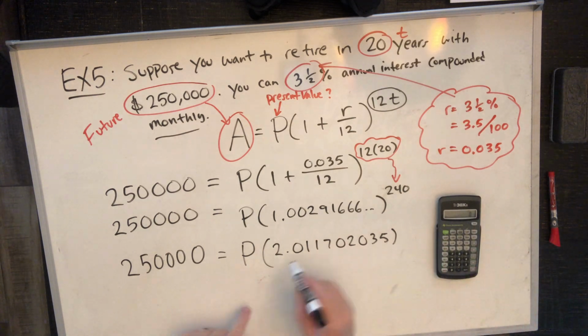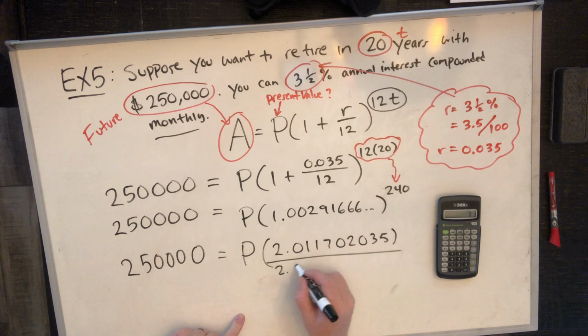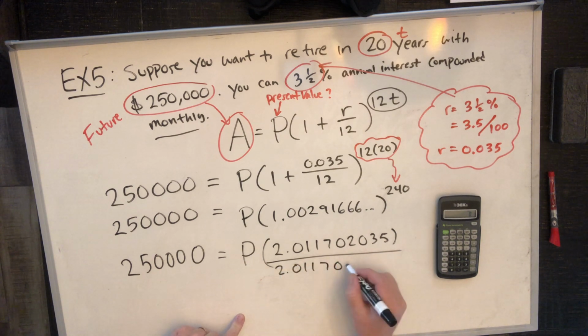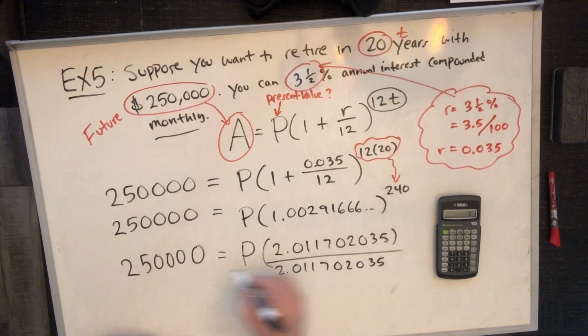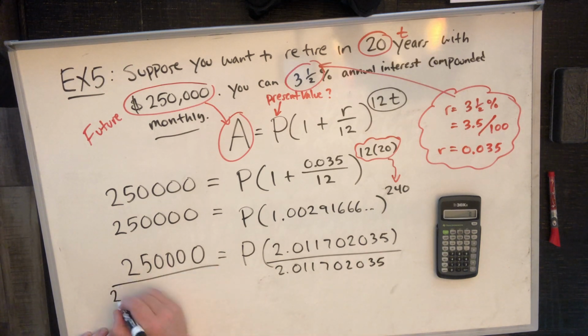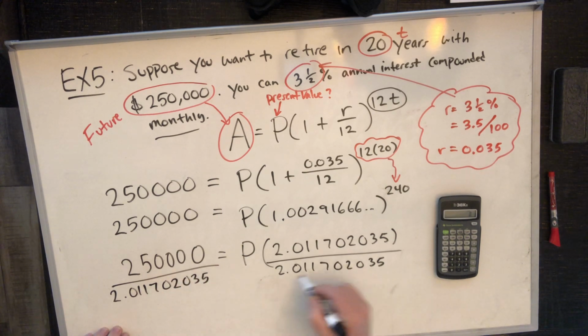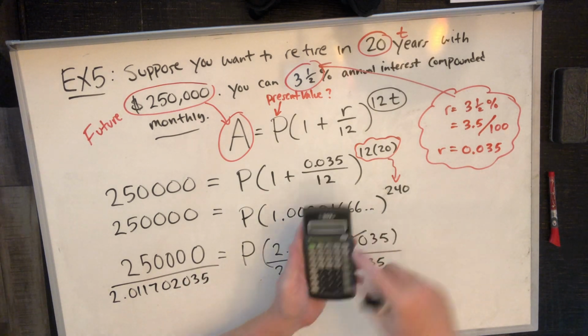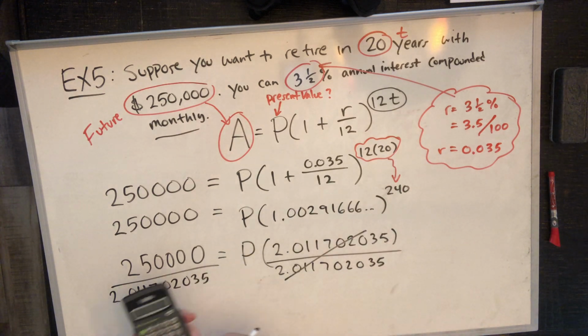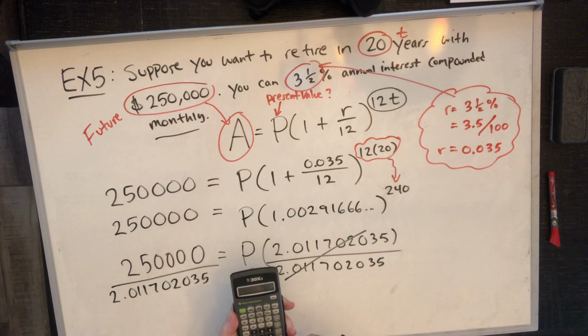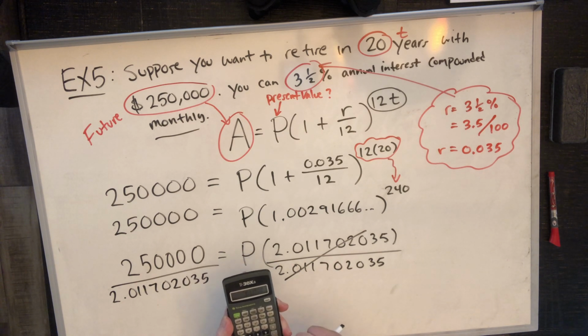So now I'm just going to divide both sides by this coefficient. Again, you could probably just keep that on your screen and do it. I went ahead and cleared it out, but I wrote down the entire decimal, so I've got 250,000 divided by 2.011702035.